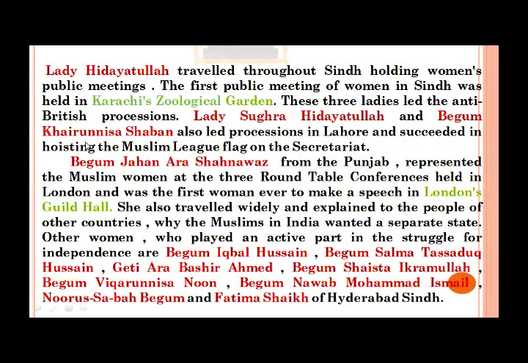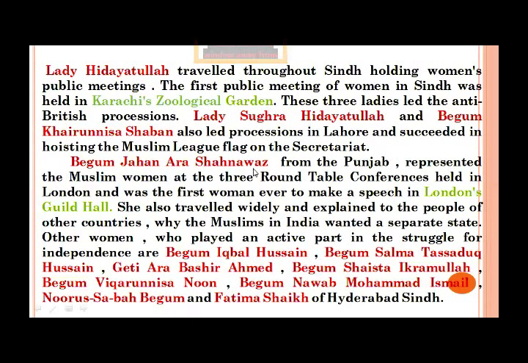These are also two names. They not only led processions in Lahore, they were also planning to hoist the flag of Muslim League on the Secretariat. It is a very famous event in the history of Pakistan, and many dramas have been made on this event.